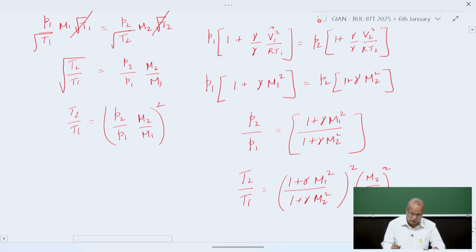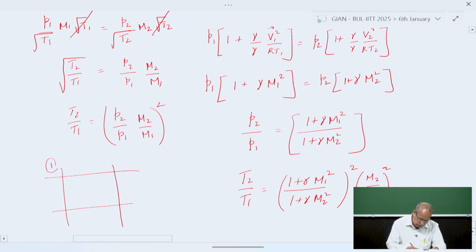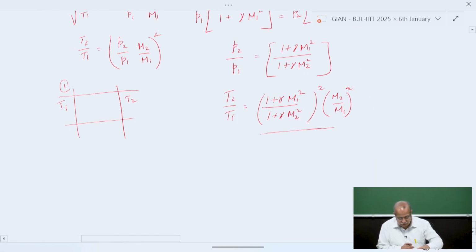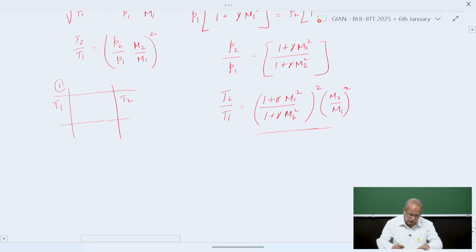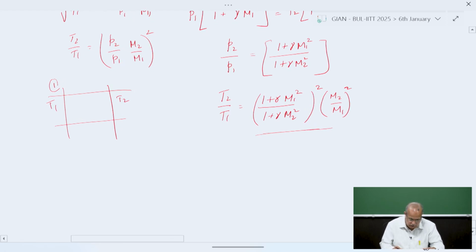So now we can see in a combustor how this temperature change is taking place. If this is T1 and this is T2, this ratio T2 by T1 is given by this expression. This is from this one. Now we are going to apply the Rayleigh theory. To this equation, we can keep on deriving things, but that's not the main thing.